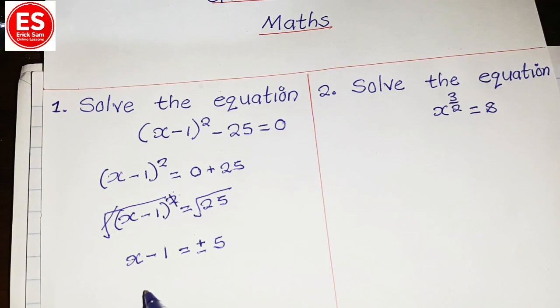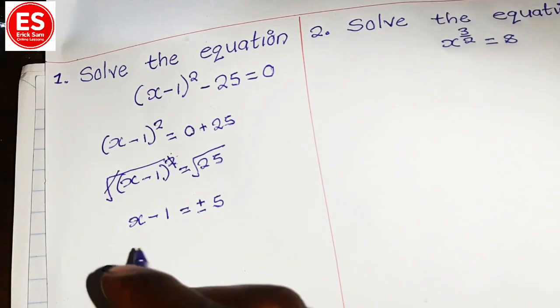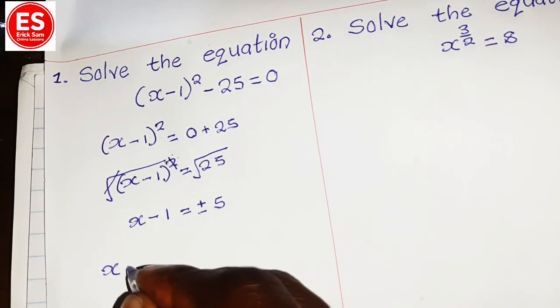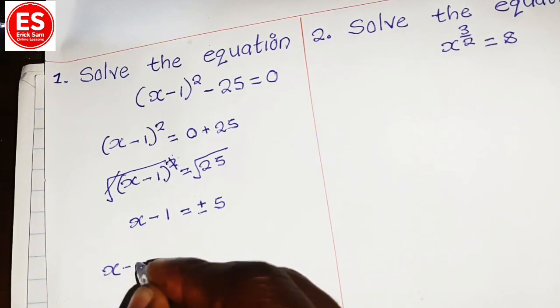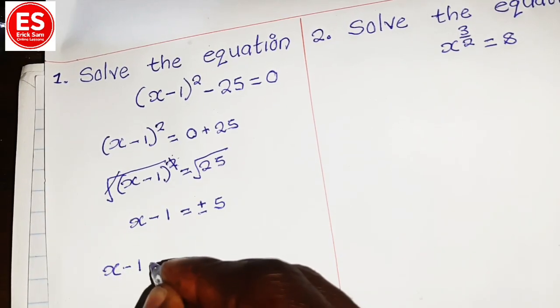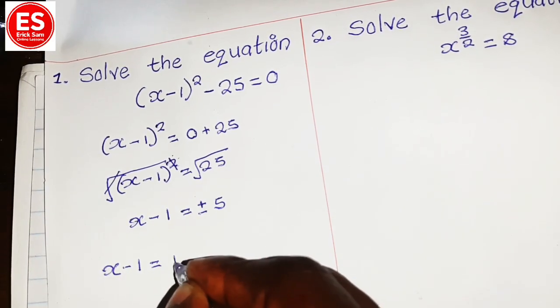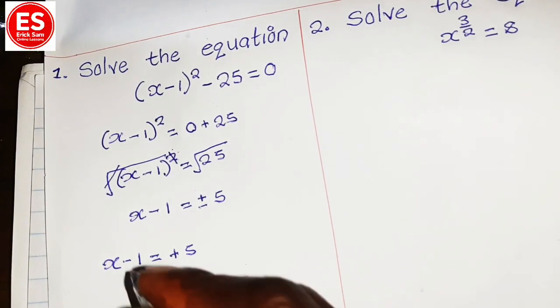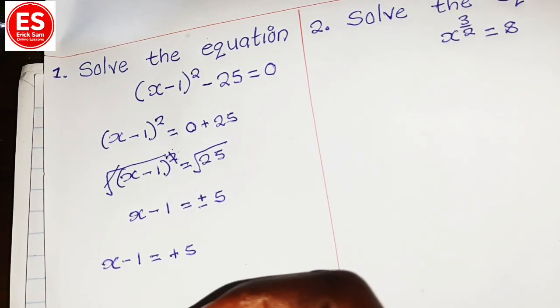So in this case, the first answer, if we use positive, is going to be x minus 1 is equal to positive 5.